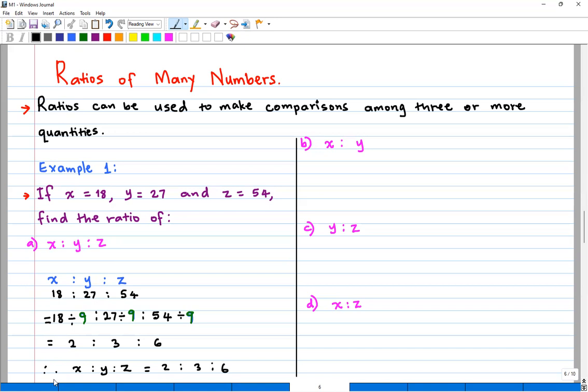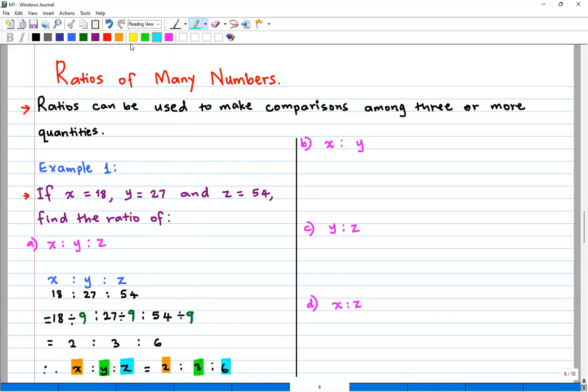Now, how about the ratio x to y? We see that x is 2, y is 3, and z is 6.